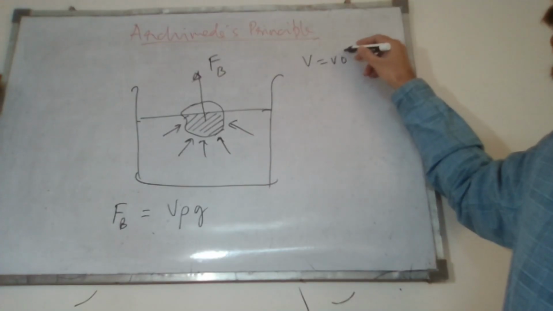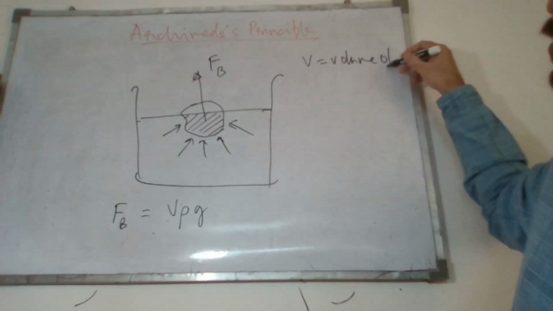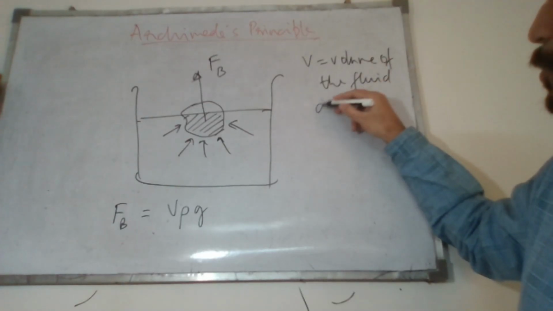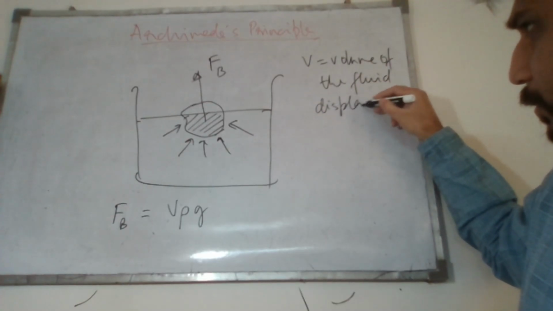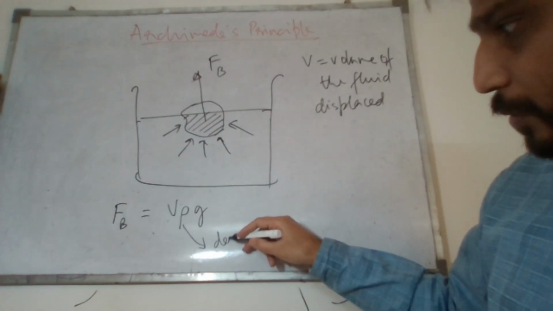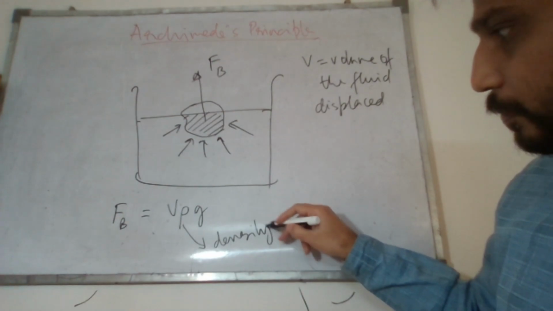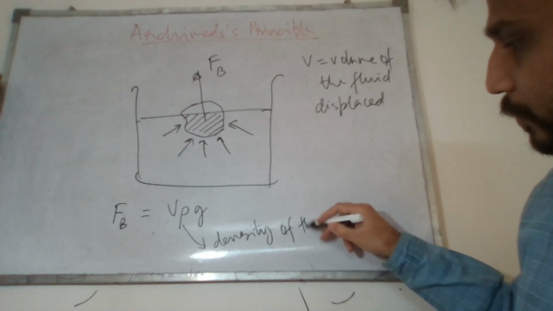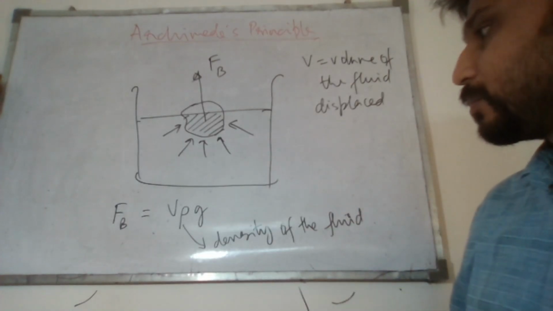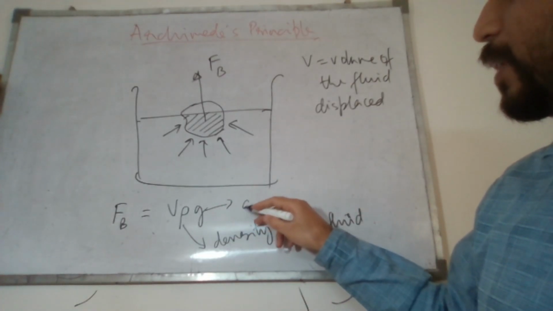V is the volume of the fluid displaced, rho is the density of the fluid, and g is acceleration due to gravity.